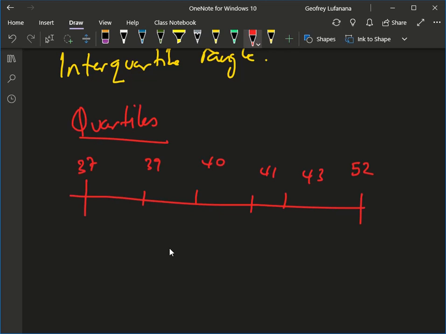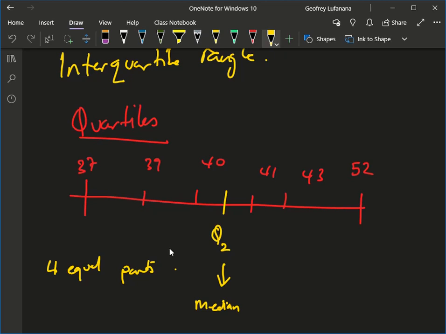Quartiles is when you divide this data set into 4 equal parts. The first one, which I would call the middle quartile, abbreviated as Q2, is actually the median. That's the middle quartile. You divide your data into 2 equal halves.